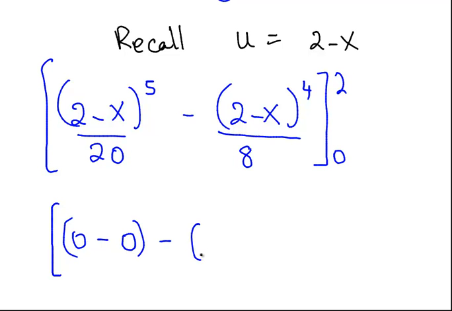And so when we let x equal 0, we have 2 minus 0, so that's 2. So 2 to the power of 5 is 32 over 20. That's 32 over 20. Let's do the other side here. 2 minus 0 to the power of 4, that's 16 over 8.